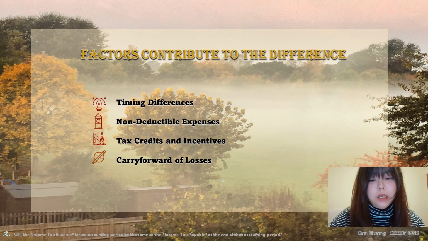If a company incurs a loss in one accounting period, it can often carry forward that loss to offset against future taxable income. Understanding these differences between income tax expense and income tax payable is crucial for stakeholders, as it provides insights into a company's financial position and tax obligations.